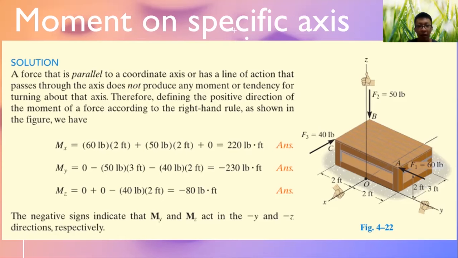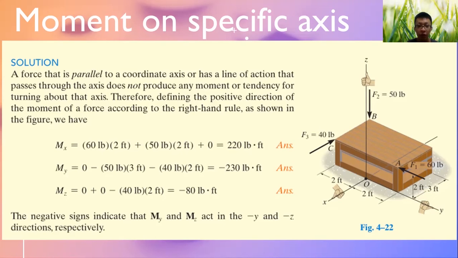And for My, negative 50 times 3. So y is negative. We see the y-axis here, so it's inwards. And for point B, however, point B is not here but here. So it is against the rectum, towards the y-axis. So this point is against, so it's negative.